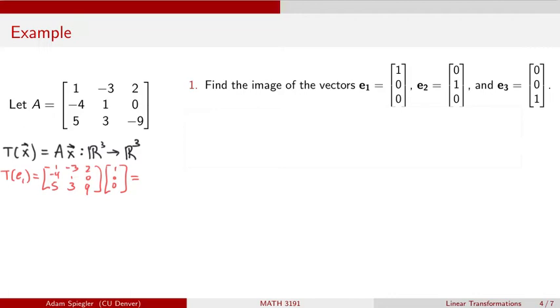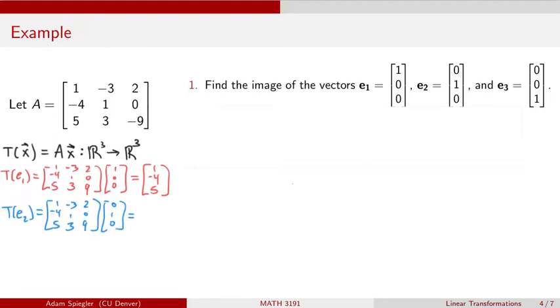So that would pull off the first column of this matrix, which is the 1, minus 4, 5, plus 0 times this column, plus 0 times the third column. So all that's going to be left over is the 1 times the first column. So the image of E1 is the first column of matrix A, which is 1, minus 4, 5.